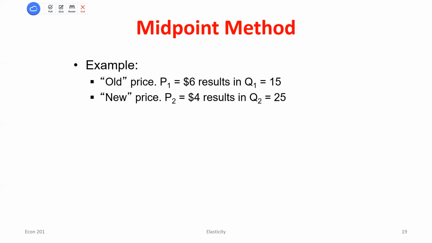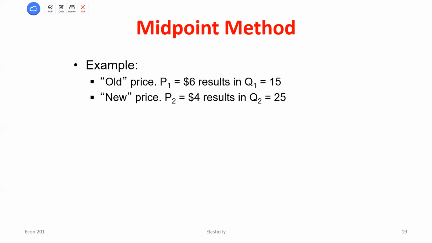Well, we're going to take the percentage change in quantity demanded, divide that by the percentage change in price. But in order to compute both of these things, how do we find that percentage change? We use the midpoint method. So we're going to look at the change in my quantity demanded divided by the average of those two quantity values.